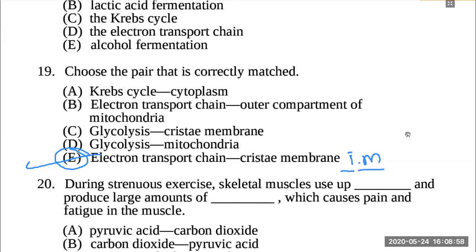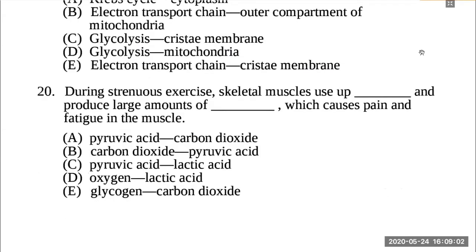The last question that we have in this chapter is question 20. It says, during strenuous exercise, which means during hard exercise, our skeletal muscle uses what, guys? As we know, in the beginning of exercise, it uses oxygen, O2.